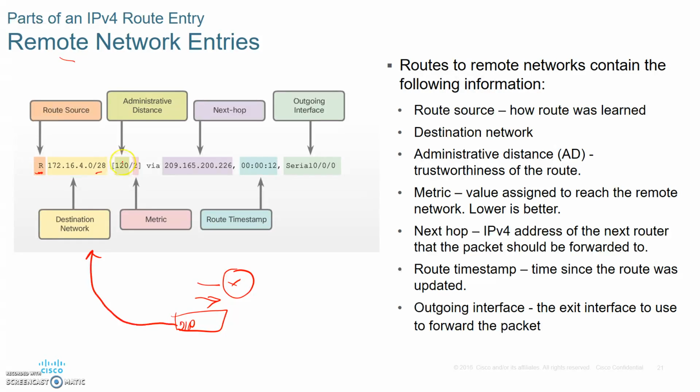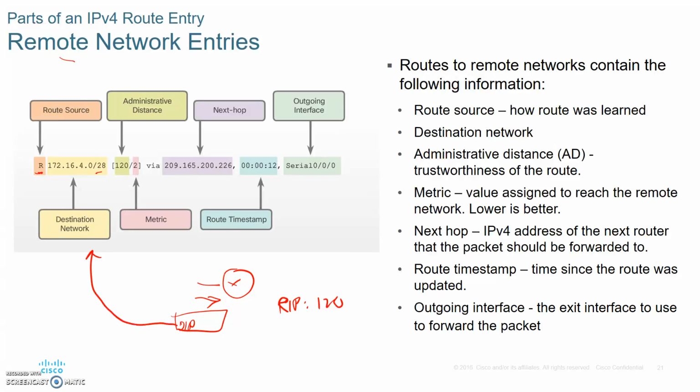The next field, contained in the square brackets, contains two values: the administrative distance and the metric. Administrative distance indicates the trustworthiness of this routing source. I learned this route through RIP, and for RIP the administrative distance is 120.